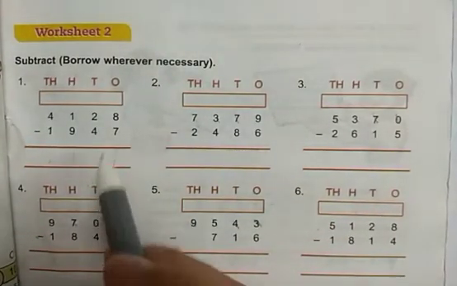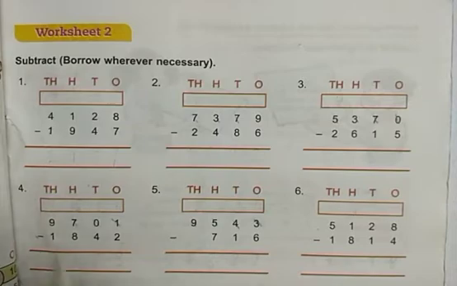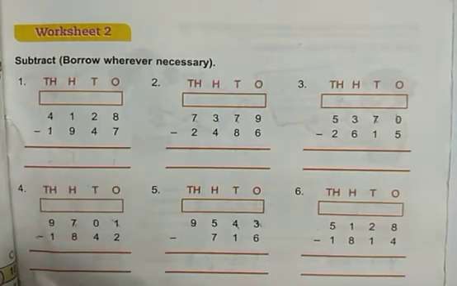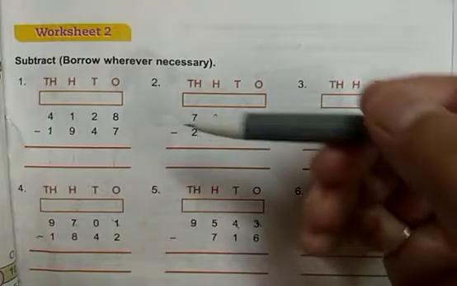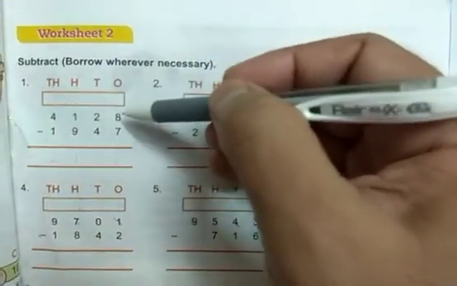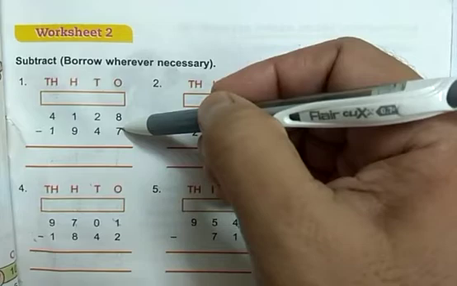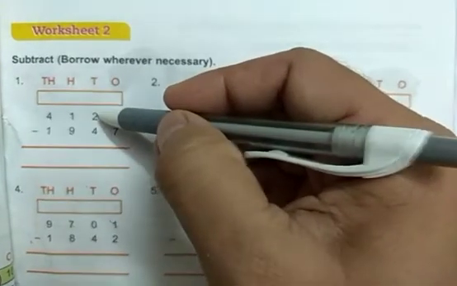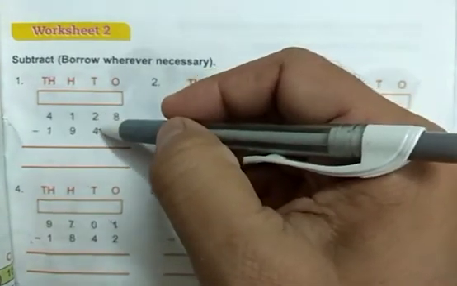So here we have to check the upper digits, they all should be greater than the lower digits. So start with the question. First question. Here 8 is greater than 7. It's fine. Next 2 and 4. So 2 is smaller than 4.